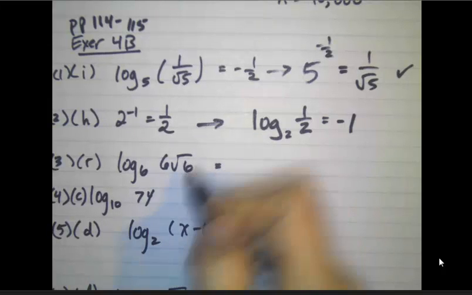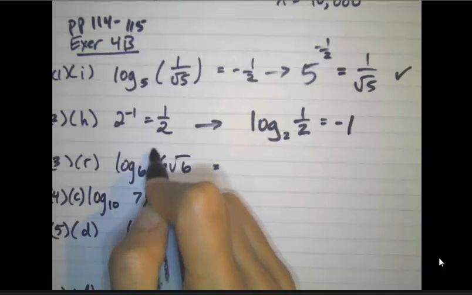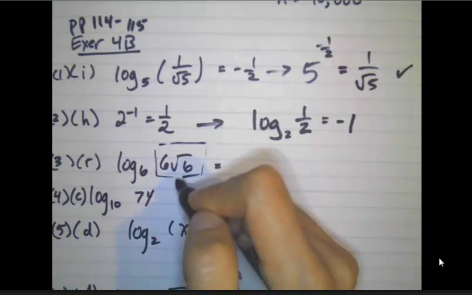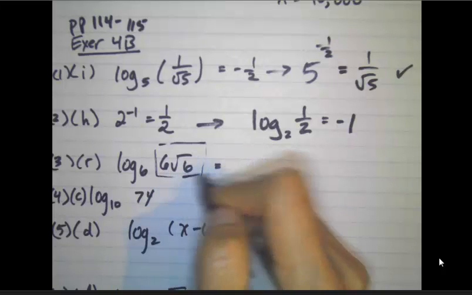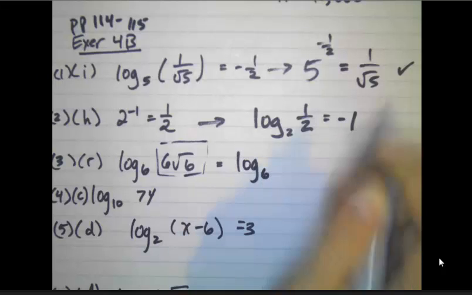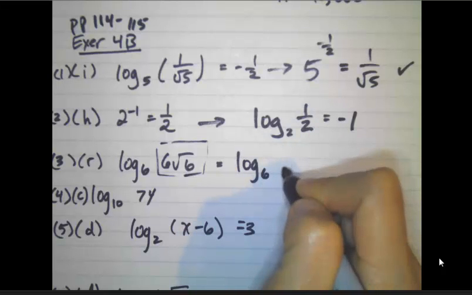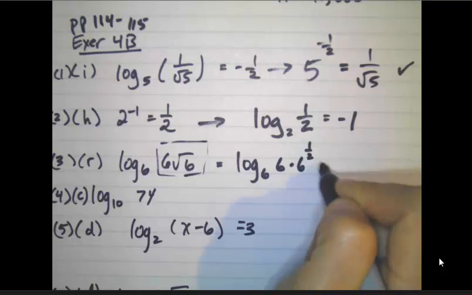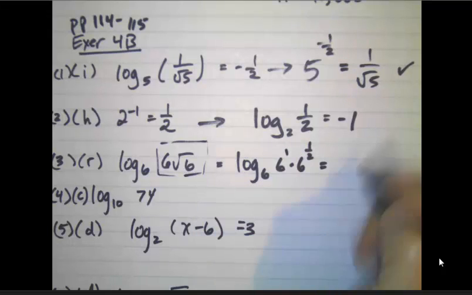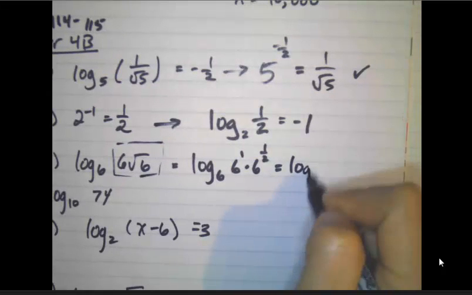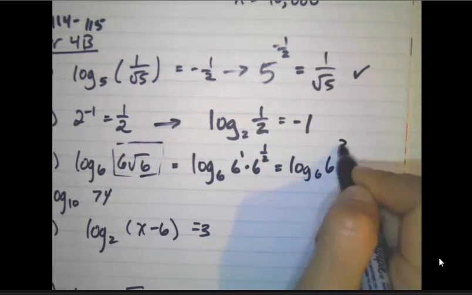And so what I want to do is I want to write this expression here with a base 6 and a rational exponent. So I'm going to write it as log base 6 of 6 times 6 to the 1/2. And I'm going to combine that as log base 6 of 6 to the 3/2.